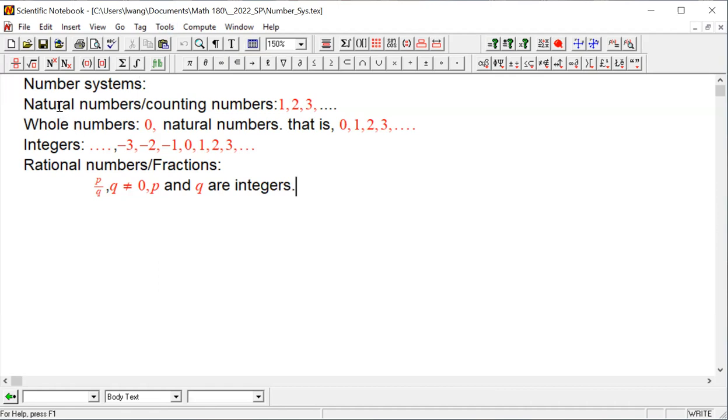You can see how each category is built and it becomes larger and larger. So these are rational numbers or fractions.